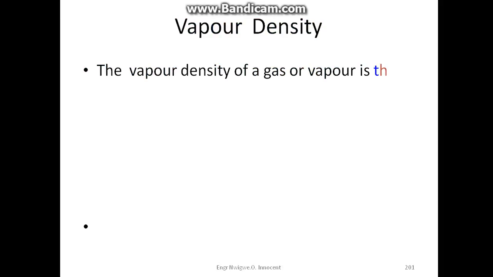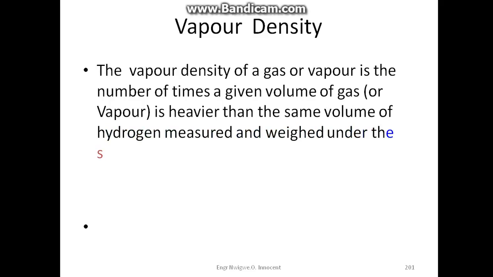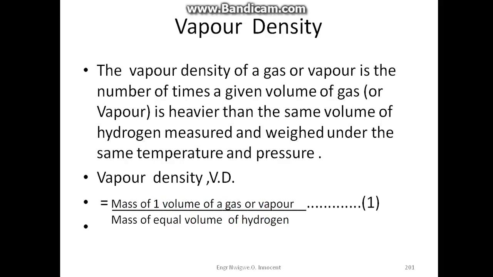Vapor density. The vapor density of a gas or a vapor is the number of times a given volume of gas or vapor is heavier than the same volume of hydrogen measured and weighed under the same temperature and pressure. Vapor density Vd is equal to the mass of 1 volume of a gas or vapor over the mass of an equal volume of hydrogen. Equation 1.